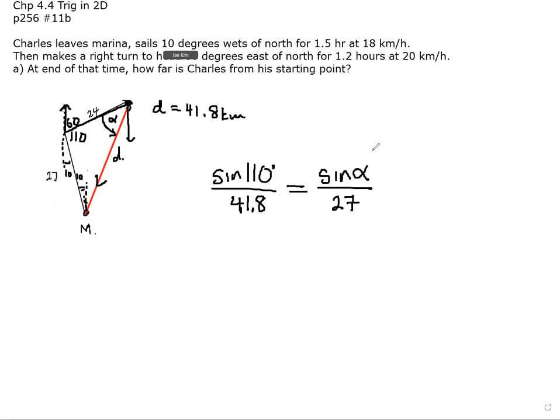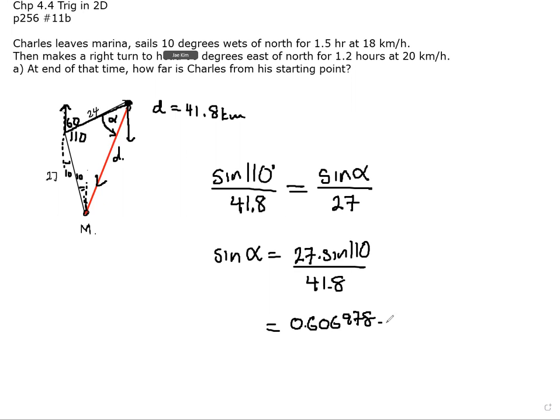So my goal is now to isolate for alpha. 27 is multiplied to both sides. Sine of alpha is going to be 27 sine 110 divided by 41.8, which gives me approximately 0.606978, blah, blah, blah.